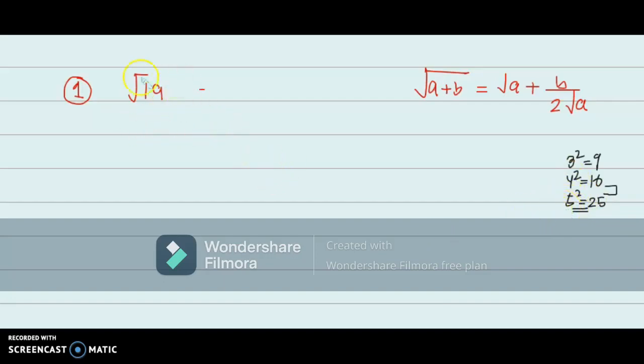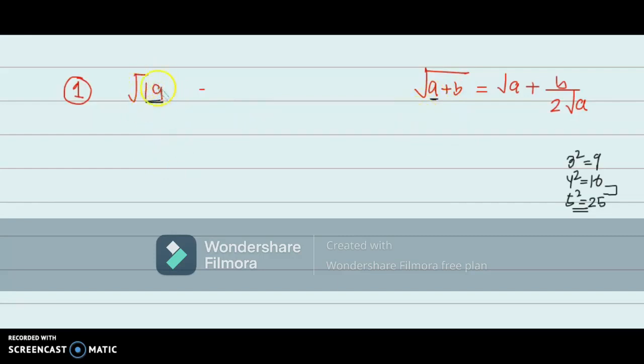Before I explain the method, let us try to understand a formula that we will be using here. The formula I have mentioned here is: root under a plus b is root a plus b over 2 root a. Now I will explain the meaning of that. This 19 you have to break into two numbers a and b such that one of the numbers a is a perfect square.